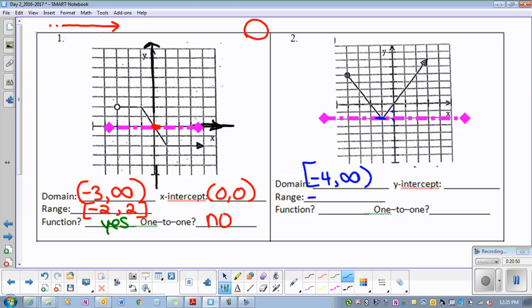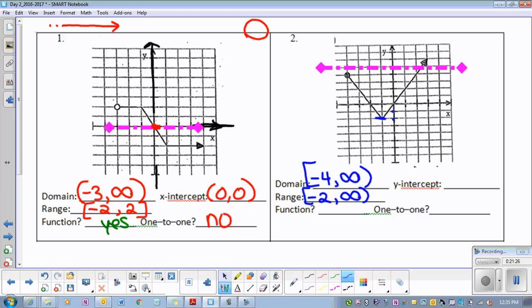Starting at -2. And there, it's not an open circle, so it's closed. Bracket. -2 all the way up. And you see how they overlap? That's okay, right? This left side, this little end, that one ends. But look on the right, it's still the same graph, and that one's going on forever and ever and ever, right? So where's that one going? To infinity. So then that would be your range.